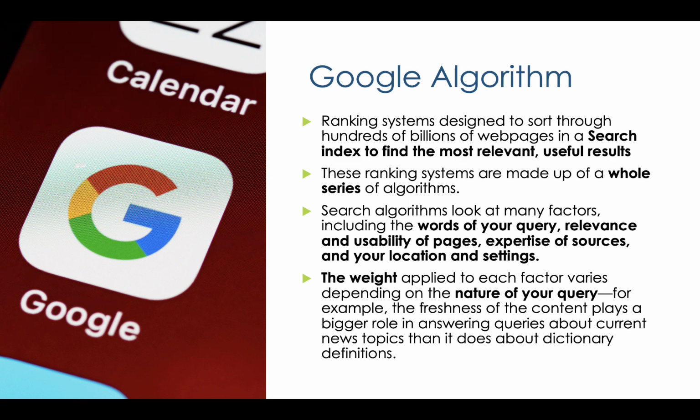So each factor, depending on the nature of what you're searching for, is taken into consideration. One example of that is how frequently you change your content could play a bigger role in whether or not you are going to be higher up in organic search.